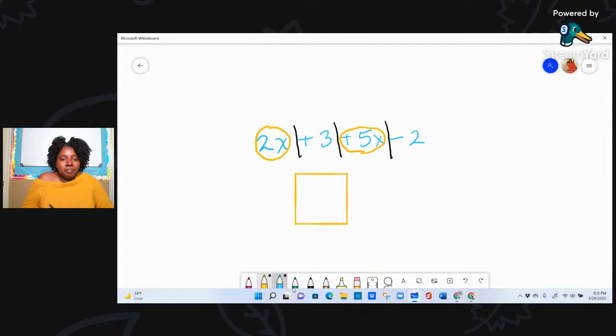This is 6th grade math. And then you see it again in 7th grade and in 9th grade. It just keeps following you. All right, let's do another like term. So we have 3. And is there any other number that's by itself? Yes.